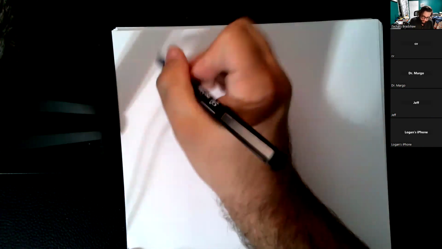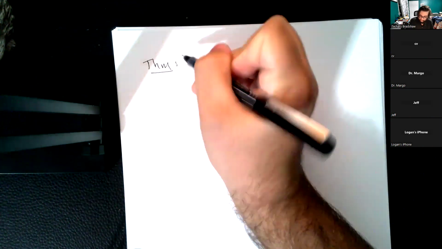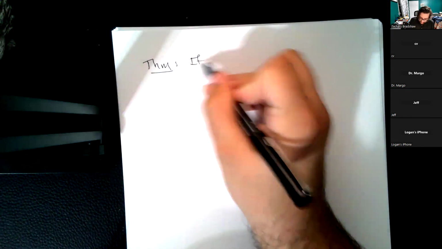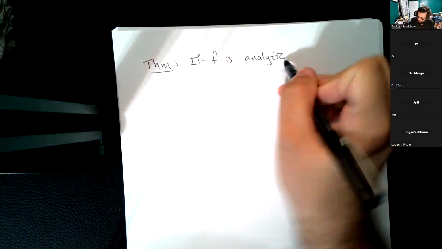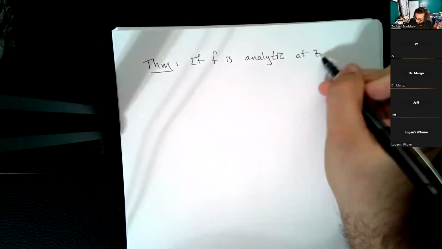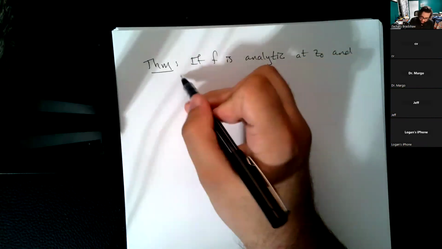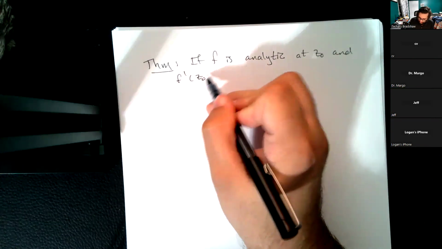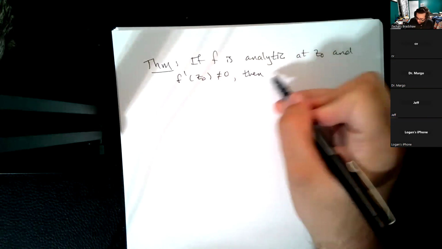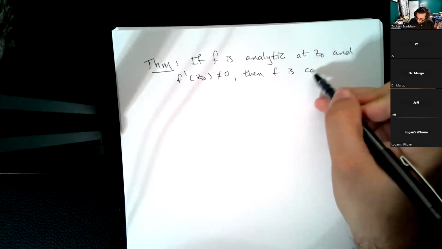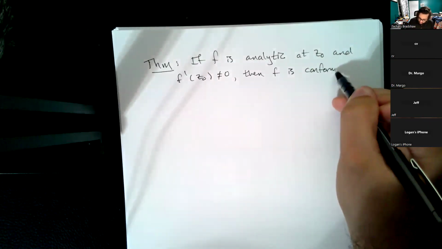All right, so here's another theorem. If f is analytic at z0 and the derivative at z0 is not 0, then f is in fact conformal at z0.